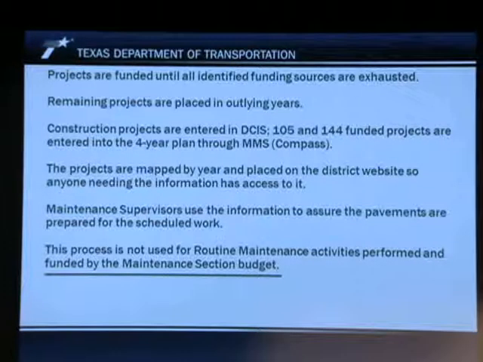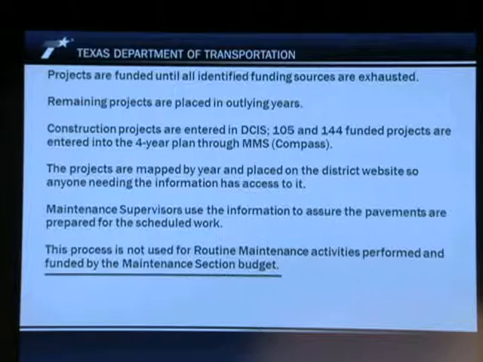They can either leave them on there or pull them off for whatever reason. Maybe their maintenance forces have gone out and made some improvements to the road, and it doesn't need to be on there anymore. But anyway, it gives the area engineer the opportunity to completely update his list of candidate projects.